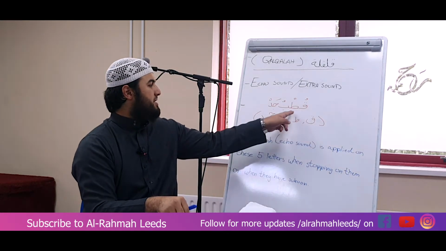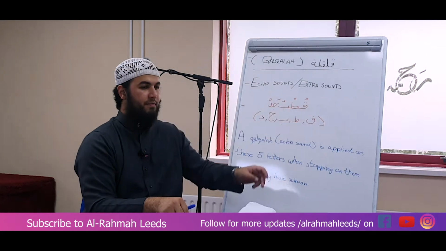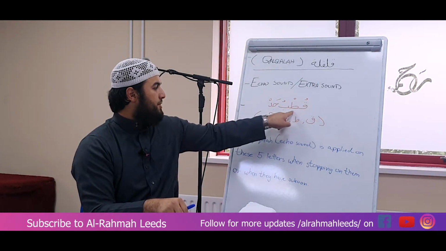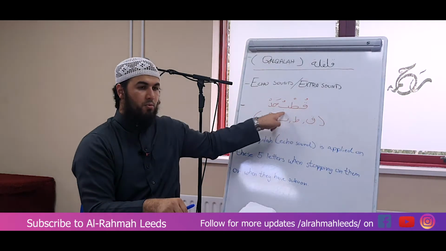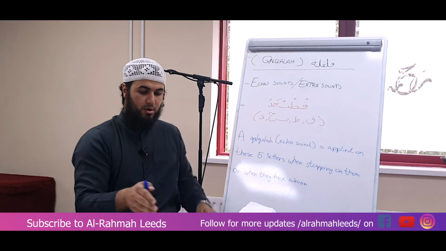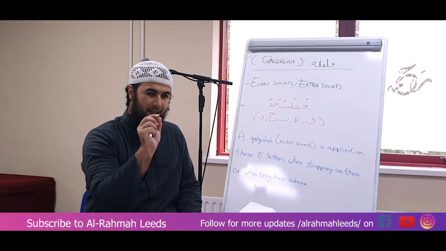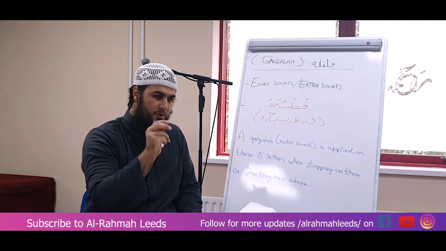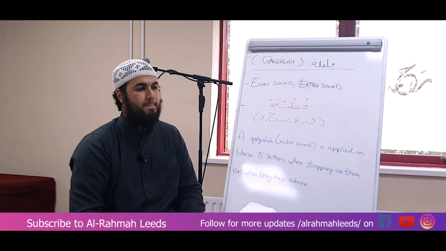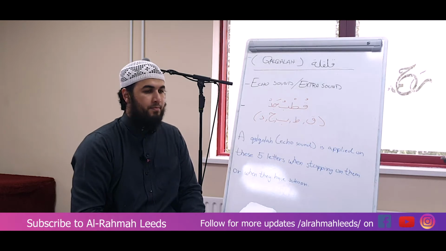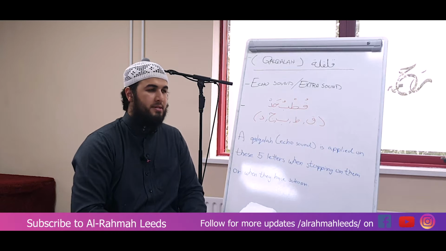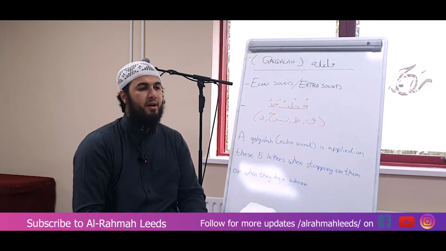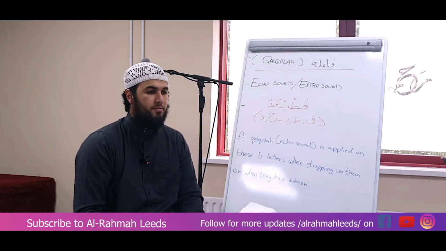For example, in the phrase itself, you come to quta bujad, you come to the ta, and then there's that little pause before you carry on. Surah Al-Ikhlas, there are many examples. Almost every ayah in the Quran has qalqalah.